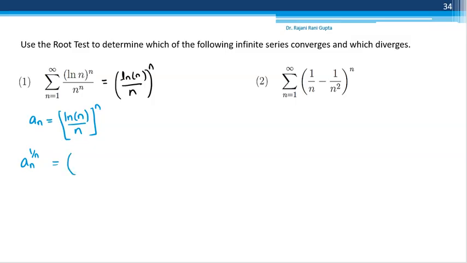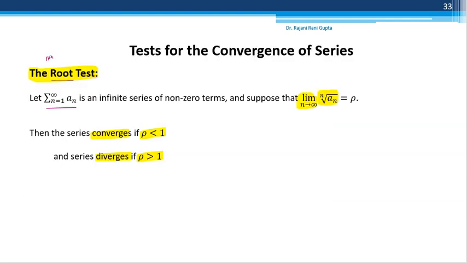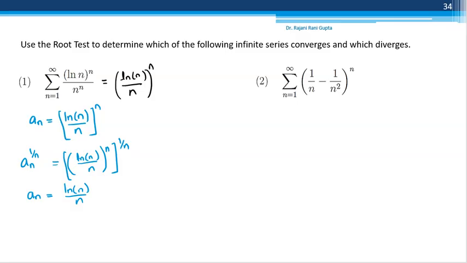So this is the same as (ln n over n) to the power n, and its whole power 1 over n. So this gives you a_n^(1/n) as ln n over n. Now, what is next? You need to find its limit as n approaches infinity.